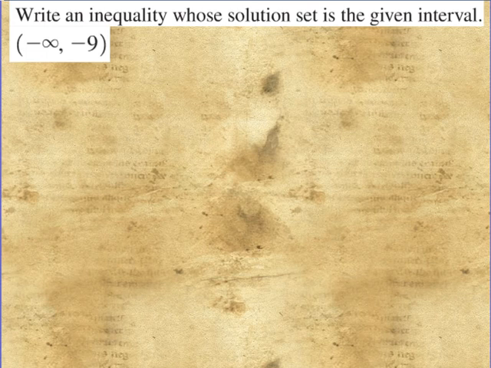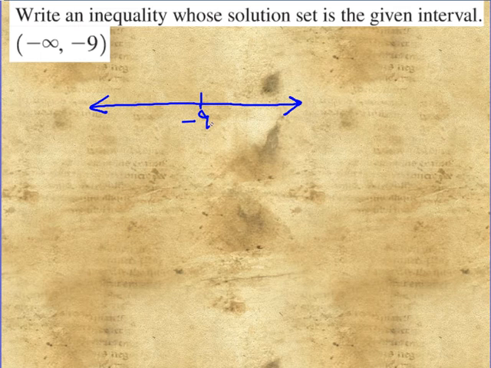Here you go, maybe this makes more sense. Write an inequality whose solution set is the given interval. This is interval notation. This gives you all the numbers from here to there. If you drew a picture of that, there's negative 9. All the numbers from negative infinity up to negative 9, open circle.